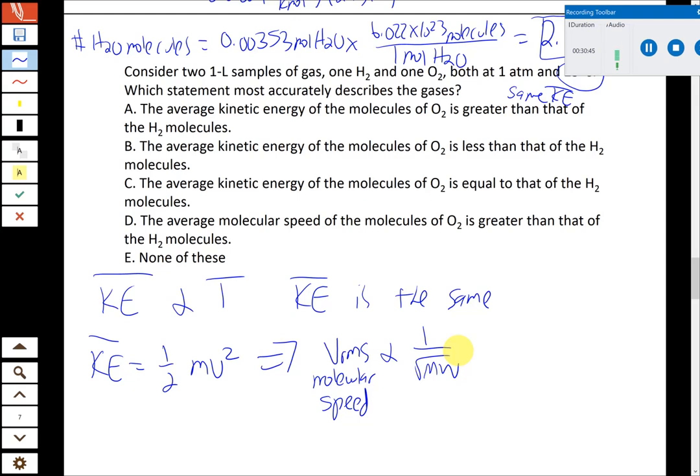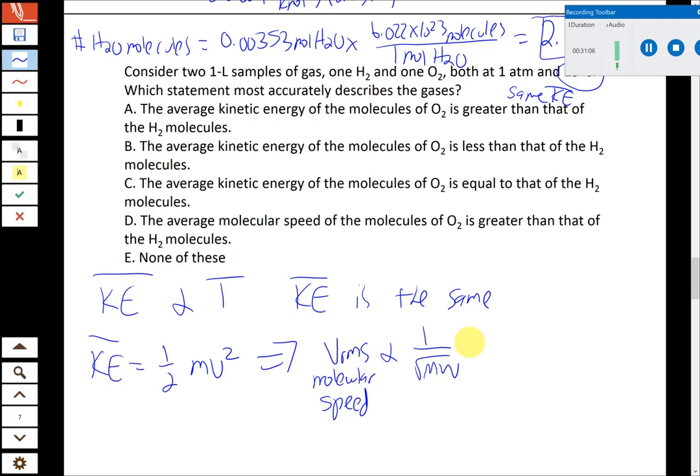Okay? So what this basically tells us is that at a given temperature, gases will have the same average kinetic energy, but how fast the gas molecules are moving on average depends on the molar mass, and it's an inverse square root dependence. So the heavier the gas, the higher the molar mass, the slower the average speed, the lighter the gas, the faster the average speed.